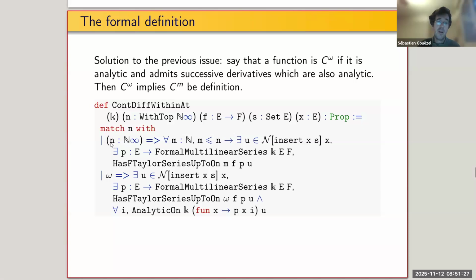If n is a natural number or infinity, we require that for every smaller natural number m, then on a small neighborhood, we can find a Taylor series up to this step m. And if the smoothness exponent is omega, we require the same, that there exists a sequence of derivatives, and all the derivatives are analytic.